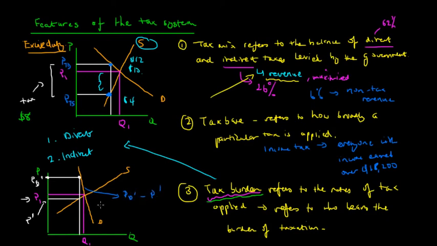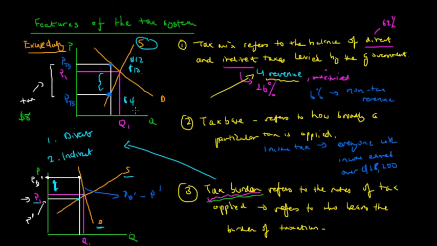In this case, where demand is relatively inelastic, regardless of the price, consumers would still tend to purchase that good or service. So this markup above the market equilibrium price refers to the tax burden borne by the consumers, and the difference between the market selling price at P1 and the actual selling price after taxation at P dash is the tax burden borne by the suppliers.